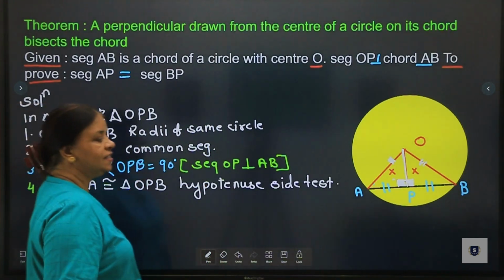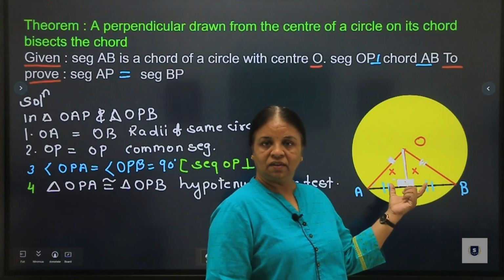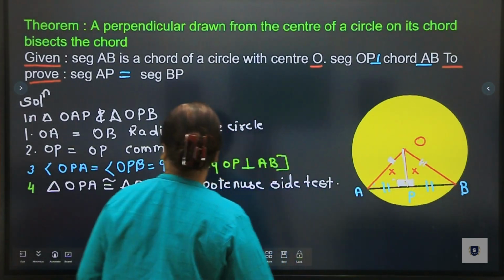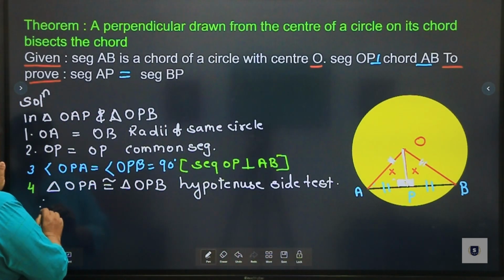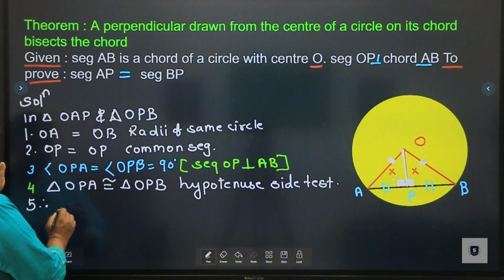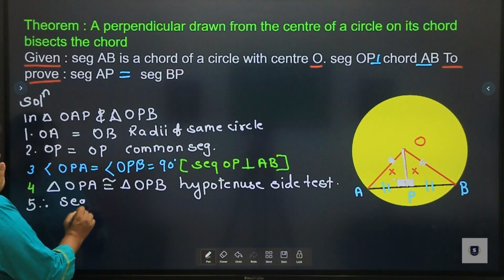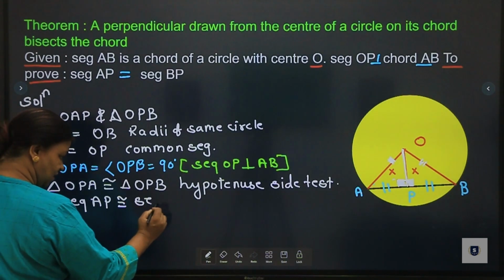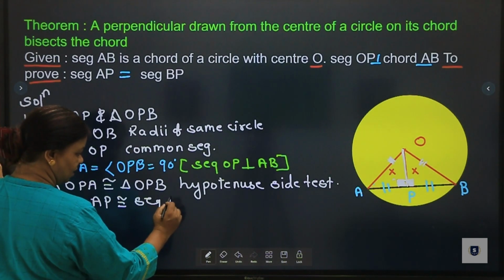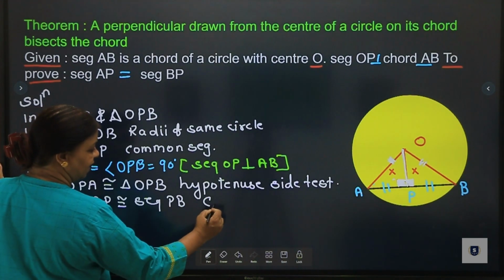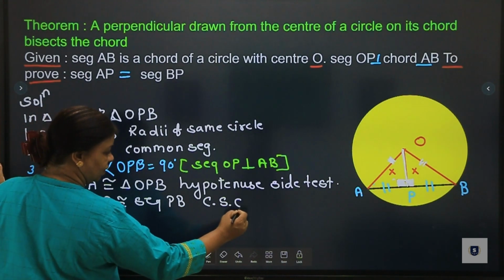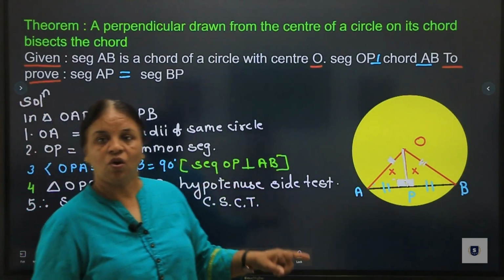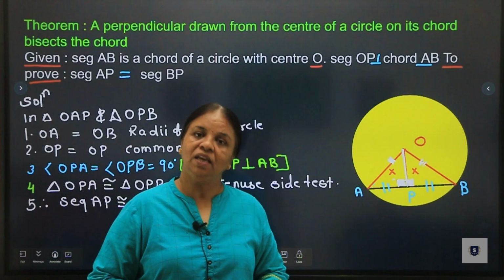If these two triangles are equal, then of course line AP will be equal to line PB. So we can say here, therefore in the fifth point, segment AP is going to be equal to segment PB, congruent sides of congruent triangles, since both the triangles are congruent and therefore both the sides will be equal.